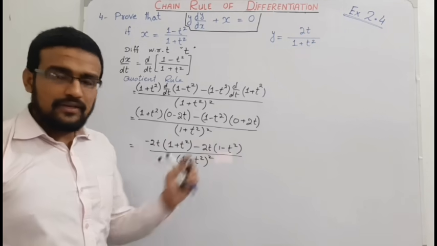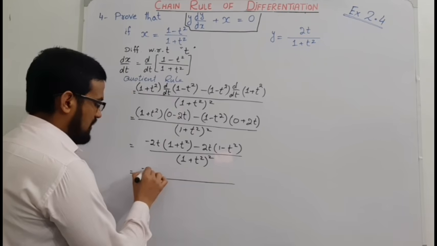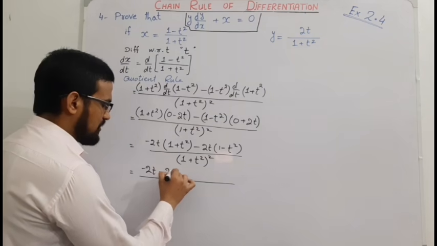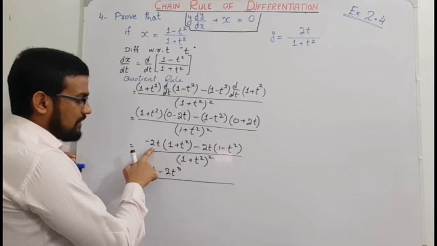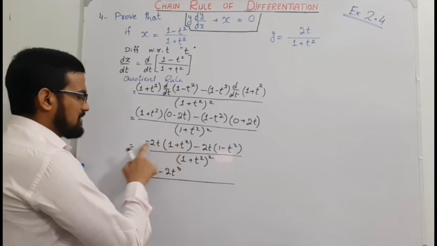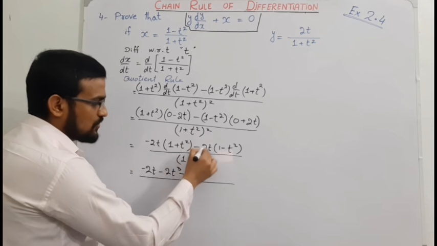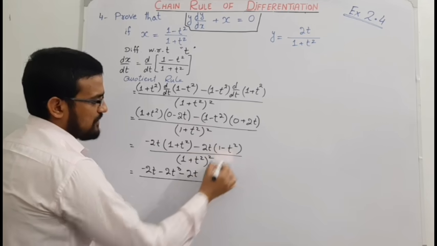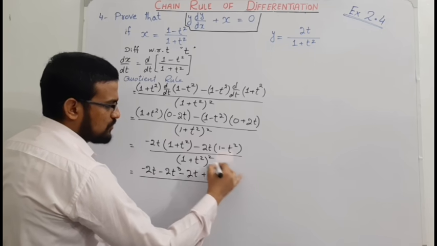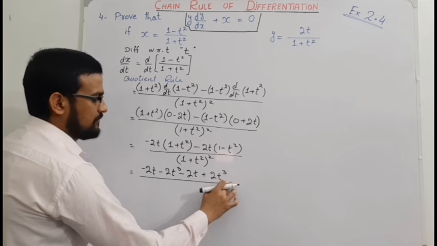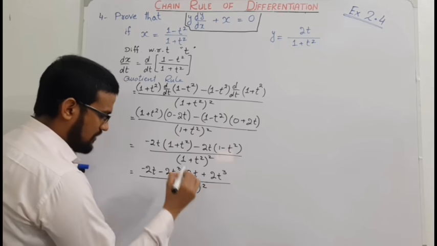Okay, open the brackets and simplify. Minus 2t minus 2t³, then minus 2t as it is, plus 2t³, over (1 plus t²)².